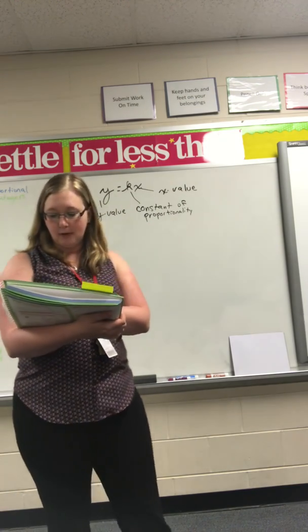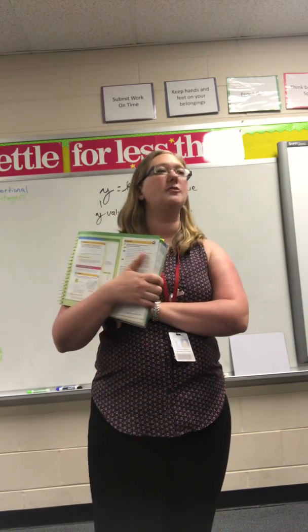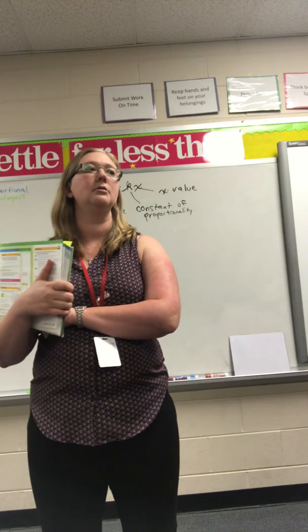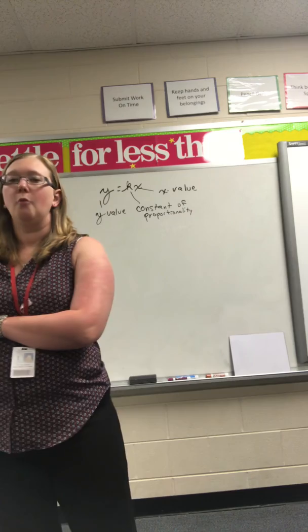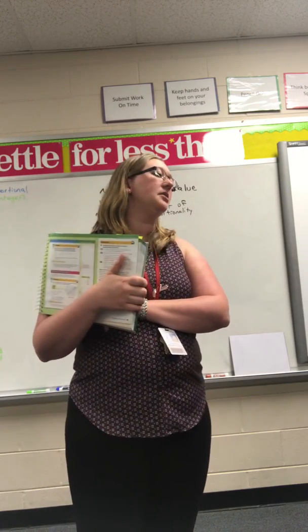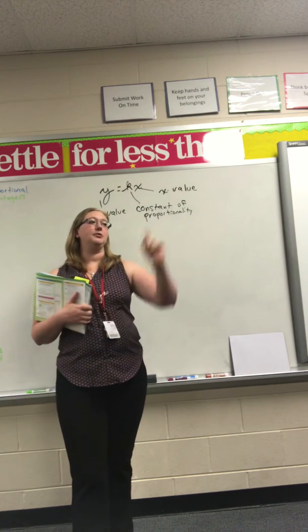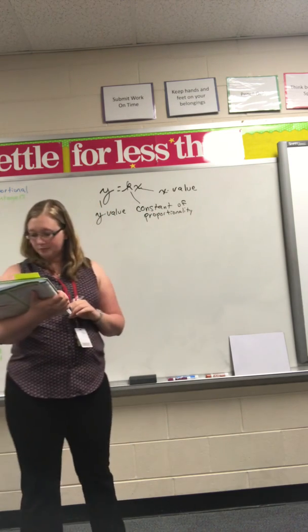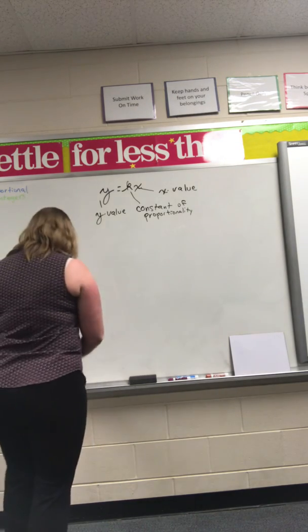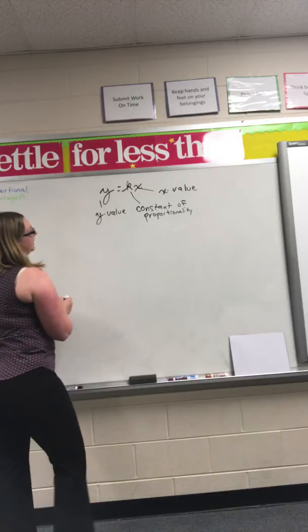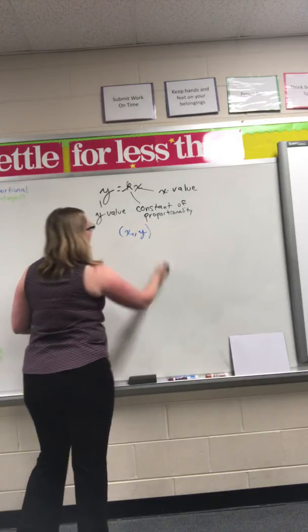I'm going to look at the point (5, 2). And that point (5, 2), which value is the x value? Yes. 2. Not quite. Okay, so in an ordered pair, we know that we write an ordered pair as x, comma y.